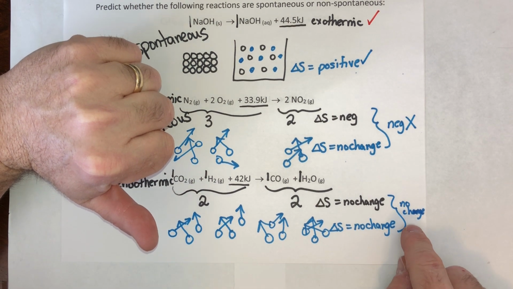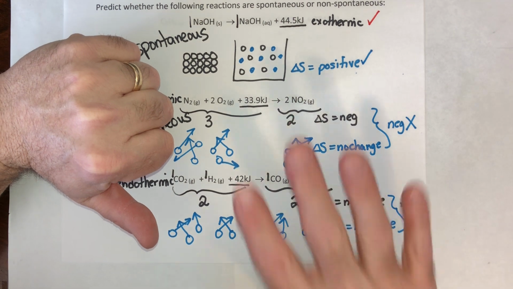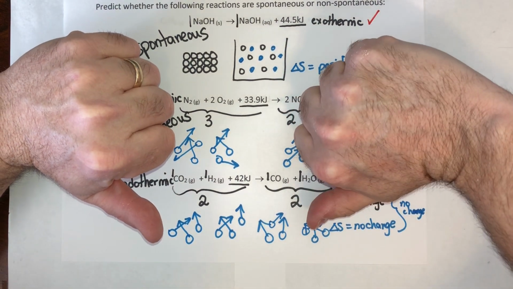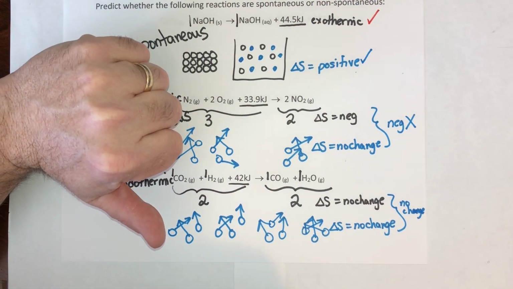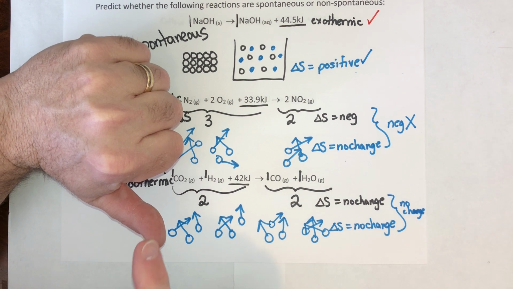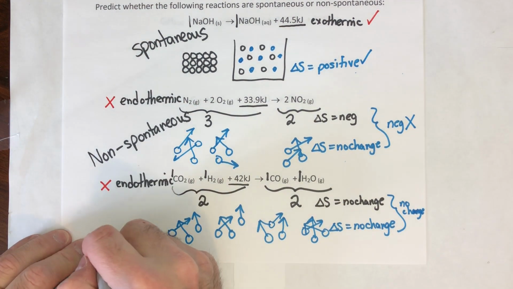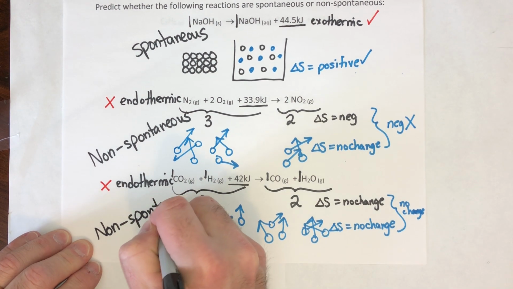And if you've got no change, the other person is saying, I abstain. I am not going to vote. So instead of voting for or voting against, they're like, nope, just not going to vote. So if you have only 1 vote and that 1 vote is for no, then this reaction would also be non-spontaneous.